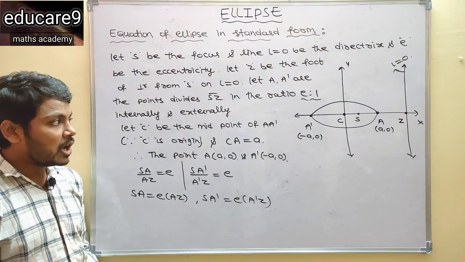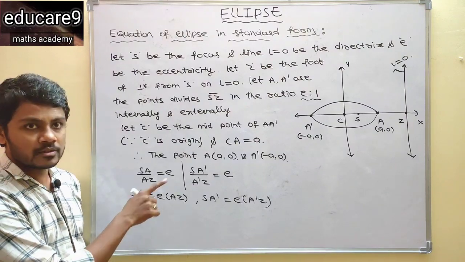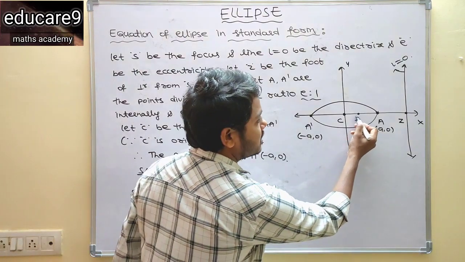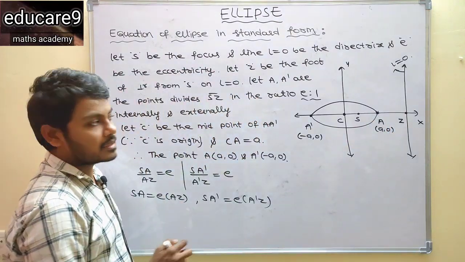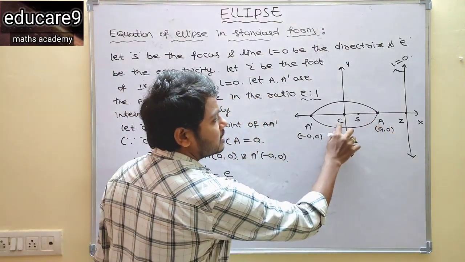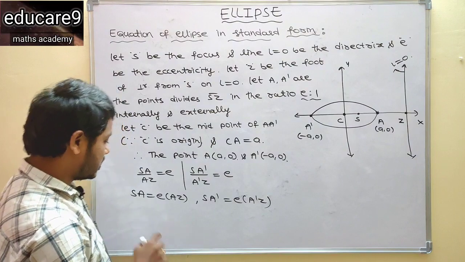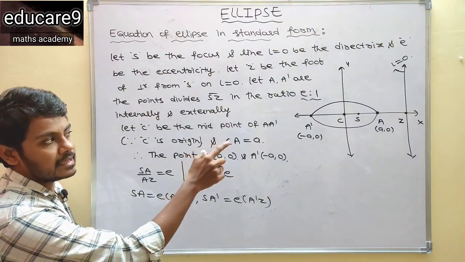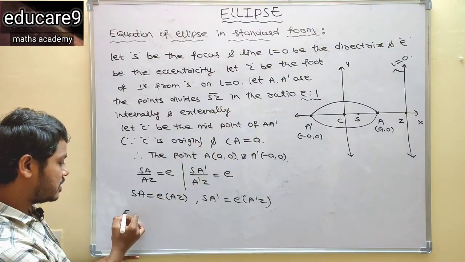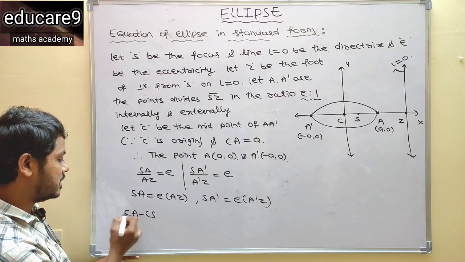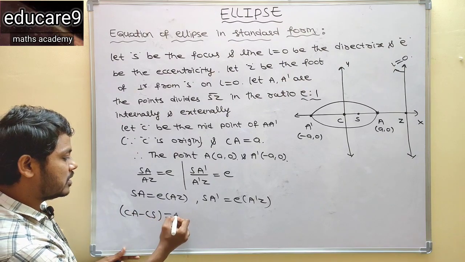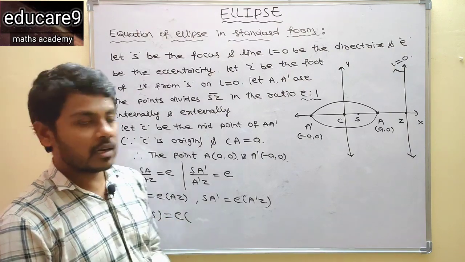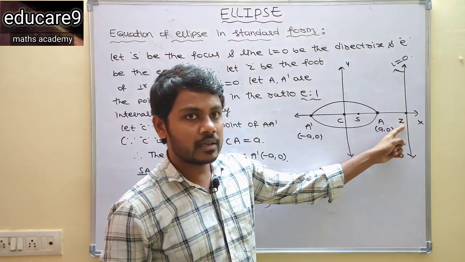How to write SA? From the diagram, SA can be written as CA minus CS. CA minus CS is equal to e into AZ. How to write AZ?